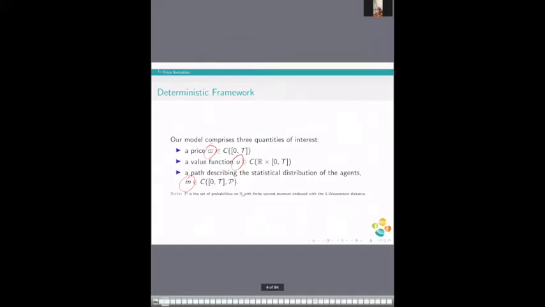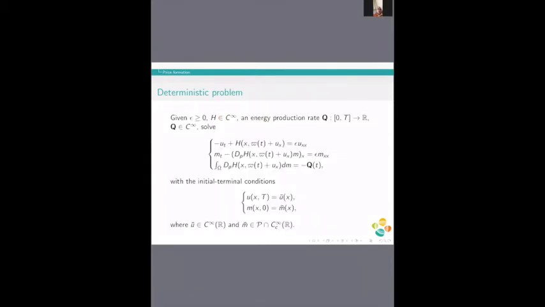These three things are unknown given the supply, and, as I'll explain later, they are determined by solving a system which comprises a Hamilton-Jacobi equation together with a transport or Fokker-Planck equation, together with an equilibrium condition, together with initial and terminal boundary conditions. It will be clear why we care about this kind of problem and why it is set up in this way.